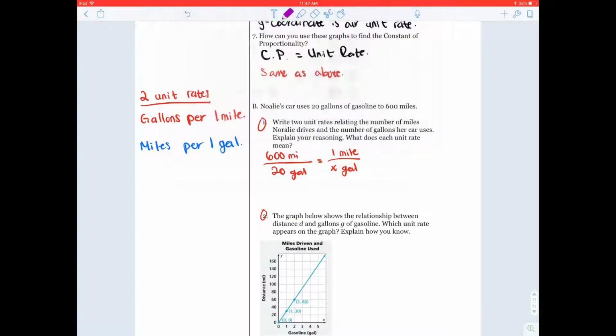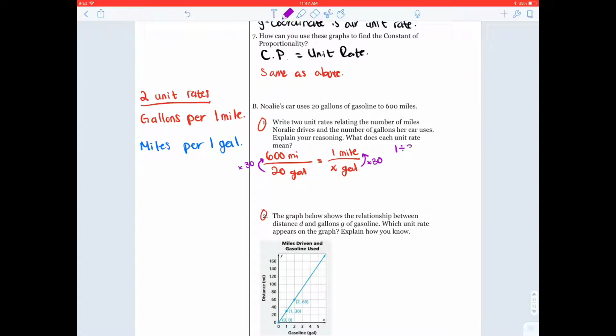Okay, so how do we solve this? Well, how do I go from 20 to 600? I can multiply by 30. So therefore I need to multiply x by 30 to get 1.